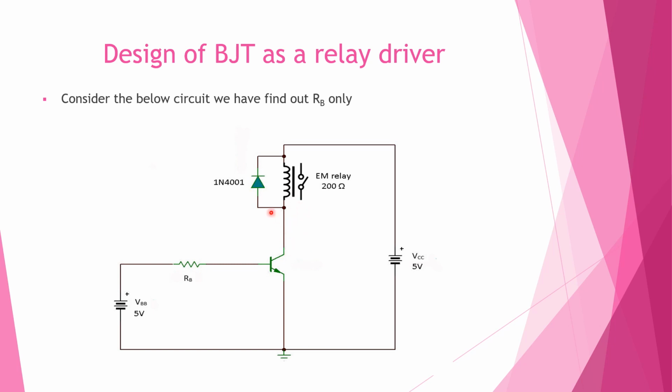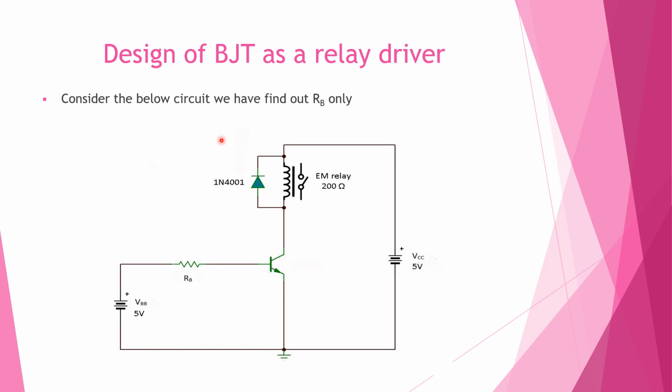If we don't use a diode here, this will damage the transistor. So when the transistor goes from on to off, this diode will bypass the current in order to protect the transistor. So this is called a freewheeling diode. Here we will be using 1N4001, which is a rectifier diode.